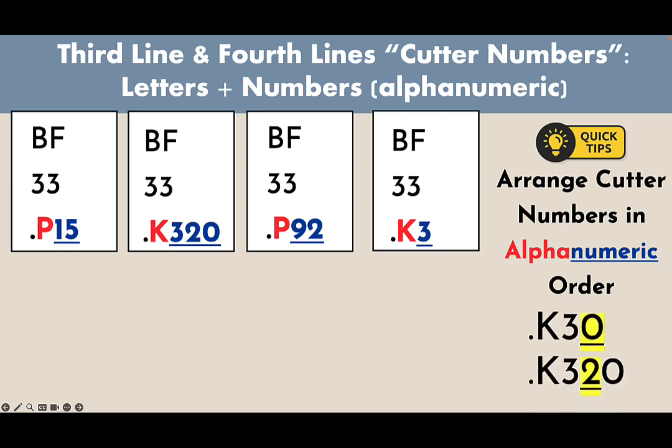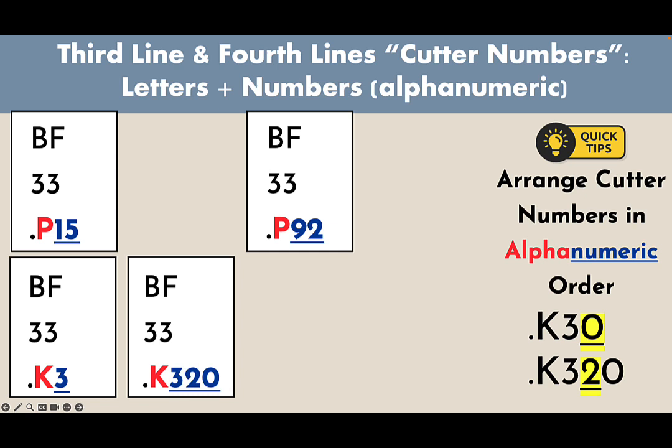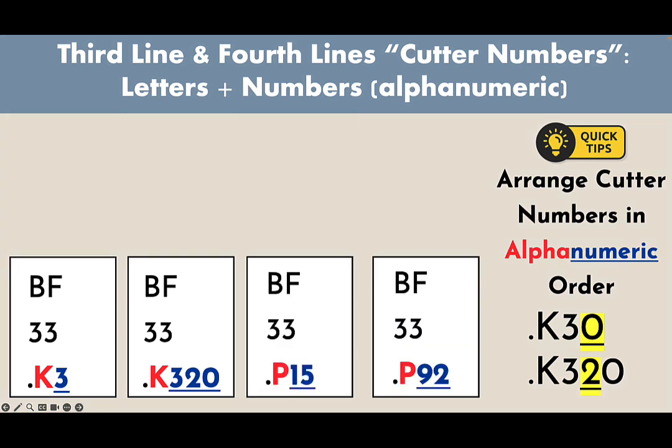Here I know 0 is less than 2. So, point K3 comes before point K320. The P's are much easier to figure out. Point P15 comes before point P92.